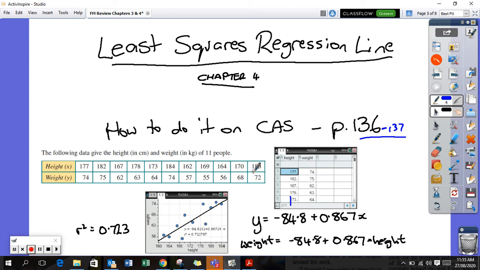Then we go through the process, and I want you to actually pause the video and go through the process. So pause it now, and when you come back, I'm going to explain your results. Use the data, put it into the spreadsheet, get your scatter plot, and go through the steps on pages 136 and 137.